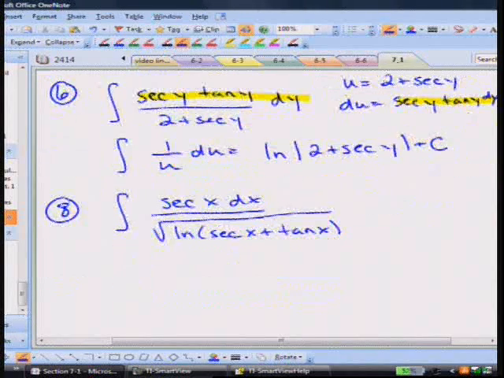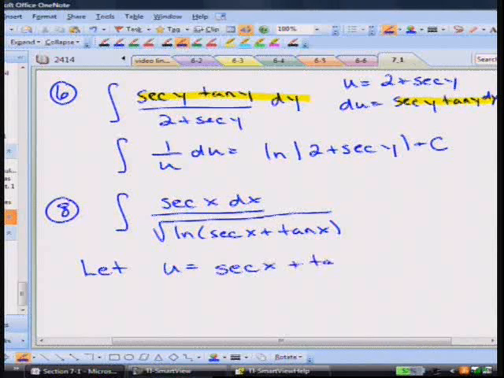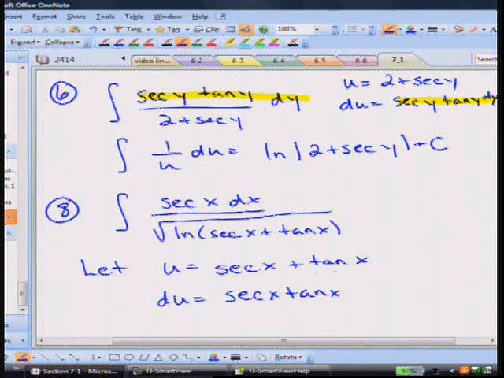Okay, so if we let u equal secant x plus tangent x, which probably would just take some trial and error on deciding what to do, then du is going to be equal to the derivative of secant, which is secant x tangent x, plus the derivative of tangent, which is secant squared x, and then you'll have dx, right?